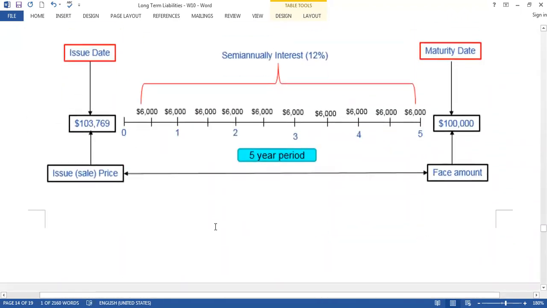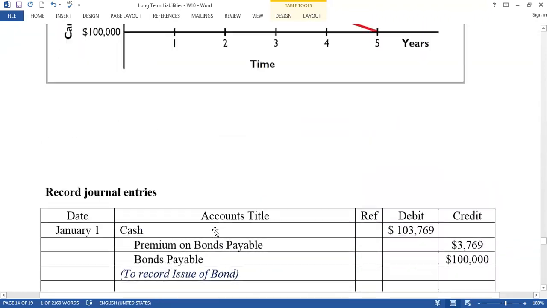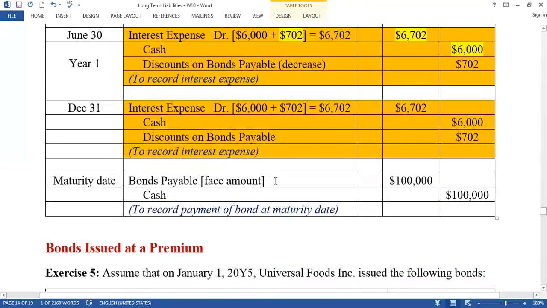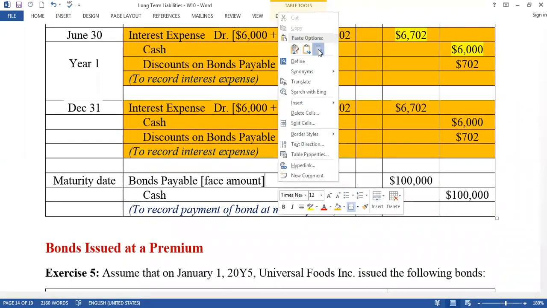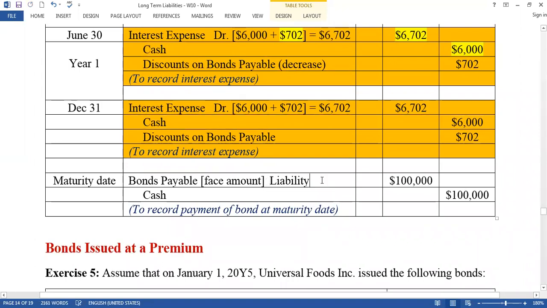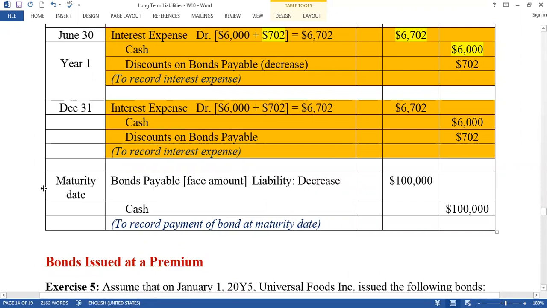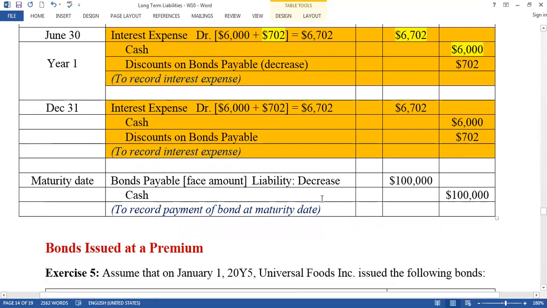Now our liability is going to decrease. What is the reason our liability is going to decrease? Yeah, we are going to pay, right? So our liability account is closed. Decrease means liability closed.